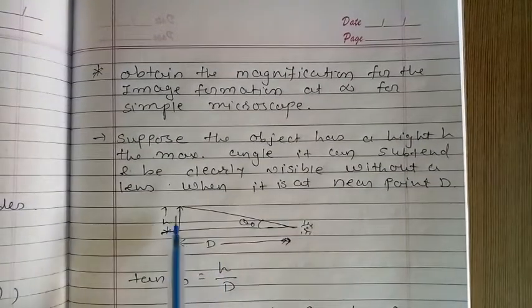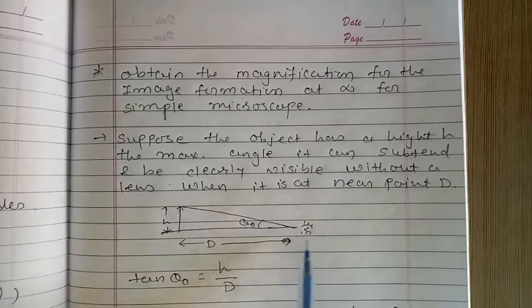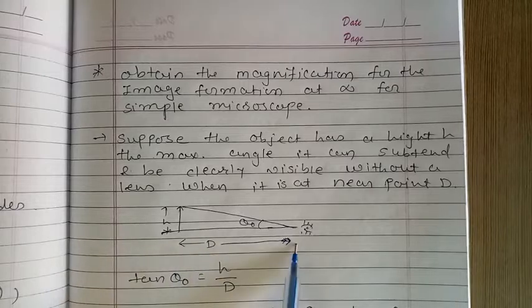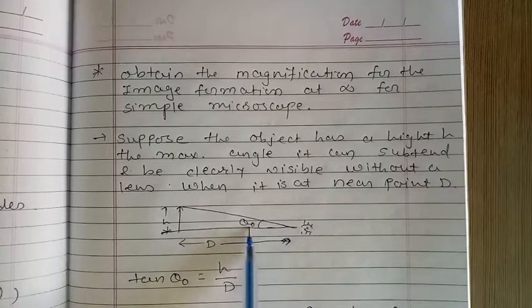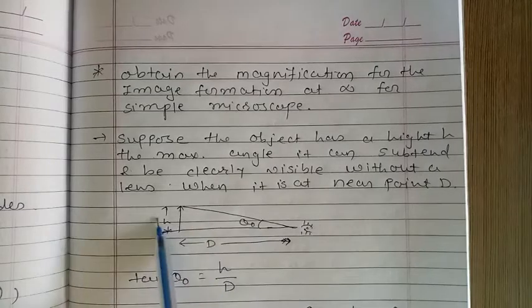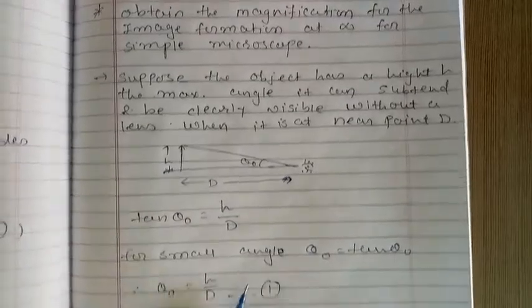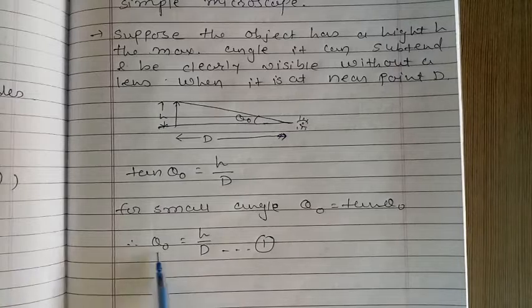So friends, you can see that this is the object having height h, and we can see it easily at the distance d. So we can say the angle is theta 0. We know the formula: tan theta 0 is equal to h by d. And if the angle is small, then tan theta is equal to theta. So theta 0 is equal to h by d.